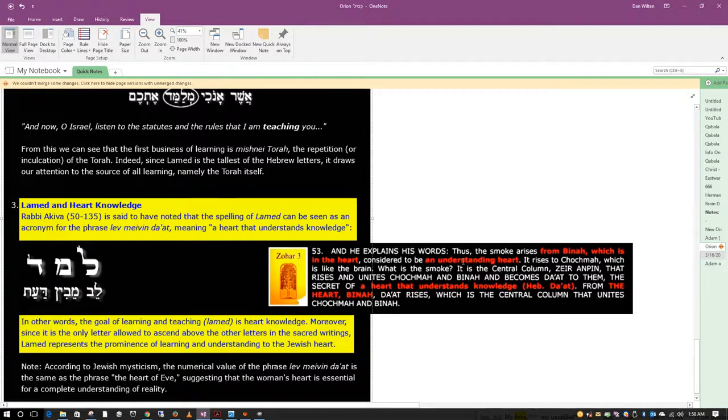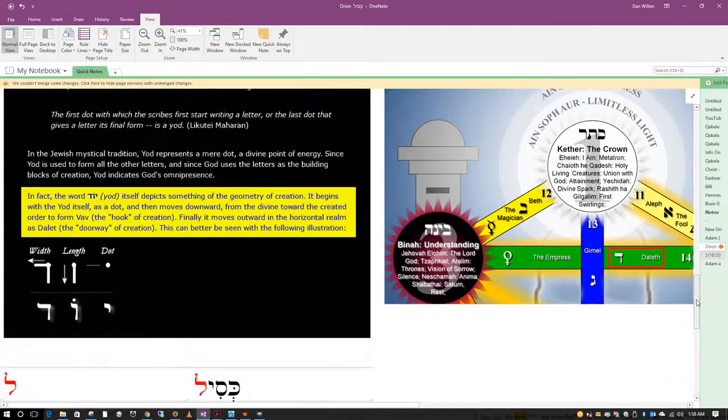The heart is considered to be an understanding heart, and it rises to Chokmah, which is like the brain. So the brain is on the right side, which is the wisdom side. What is the smoke? It's the central column, Zeir Anpin, that rises and unites Chokmah and Bina and becomes Daat to them. This is the secret of a heart that understands knowledge. So we're really talking about Daat here, and that is right where this is.